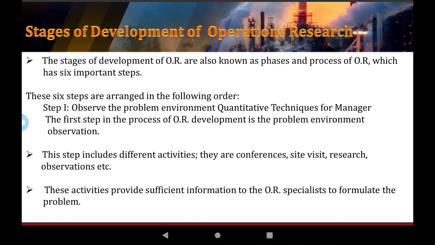The first step is to observe the problems. In operation research, the first step is to observe the problem environment and the quantitative techniques of managers. Any project manager needs to analyze the environment and the problems related to the project, along with the managers' psychological thinking.